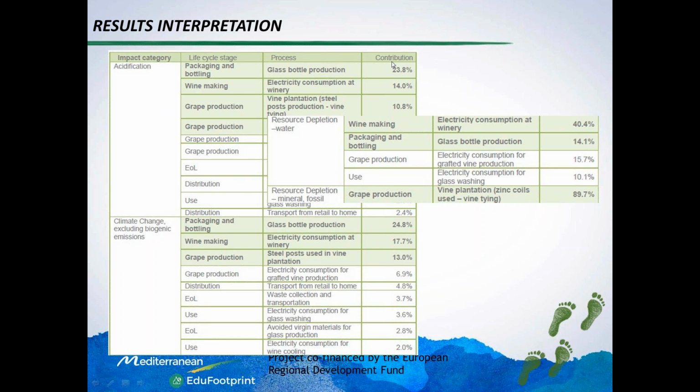And this is the process, and these are the contributions for each process and for each life cycle stage. For example, I then have to summarize all of them, and I cannot consider only the ones that together make the 20% of the entire contribution.